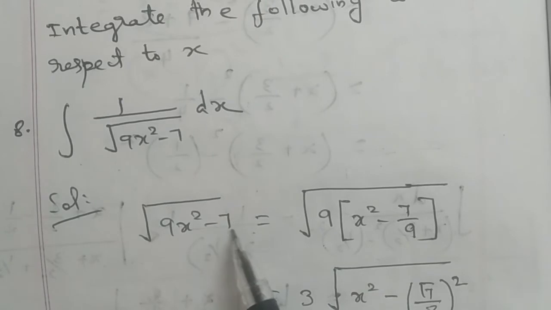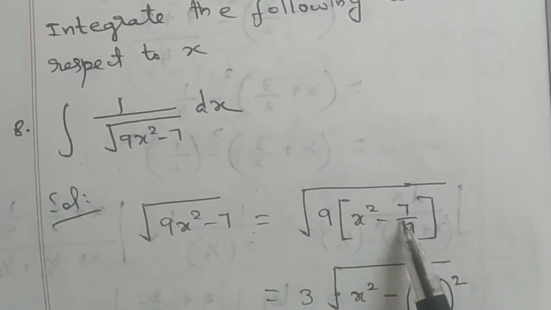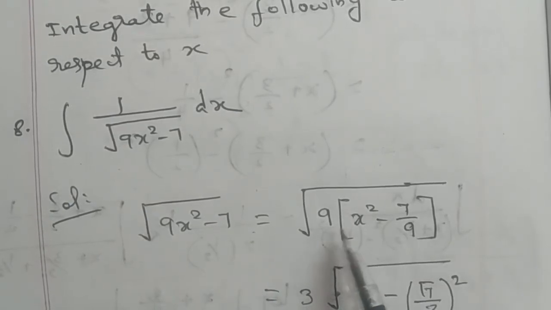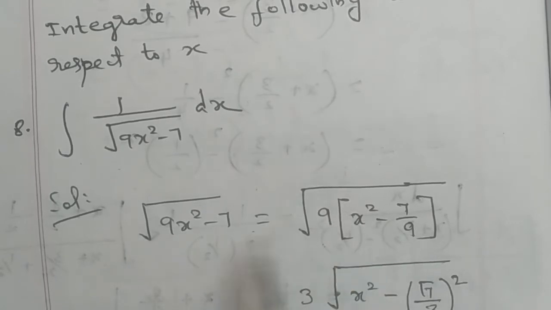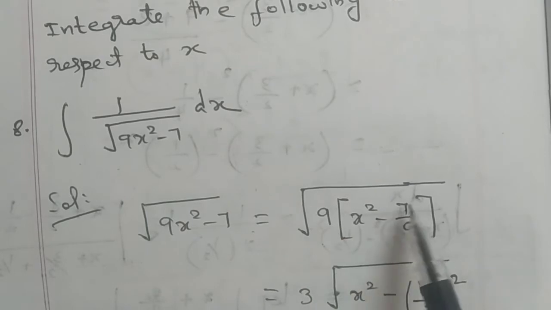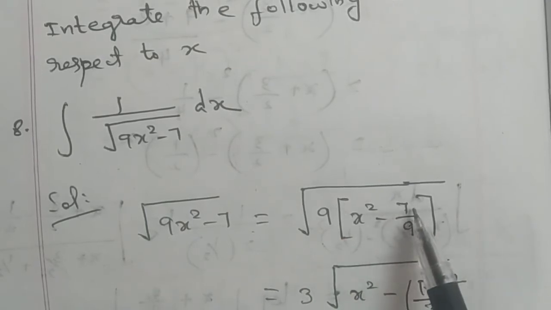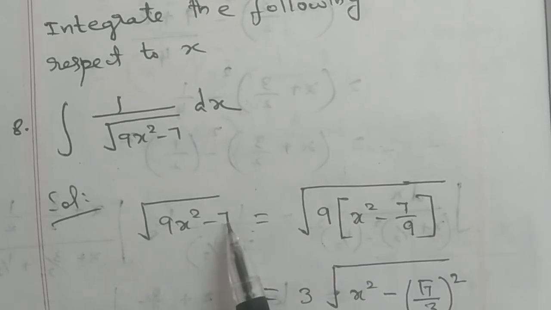Here 7 is not a multiple of 9, so write it in the denominator. Now multiply and check whether it is correct: 9 into x square is 9x square, minus 9 into 7 by 9. The 9s cancel, and we get only 7.